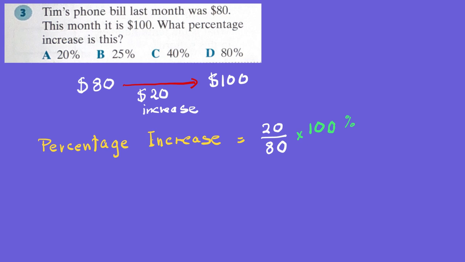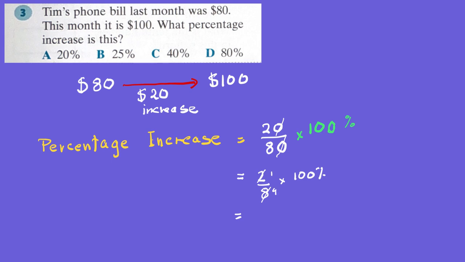And once again, this is a non-calculator problem. So let's start cancelling out the 0 here and the 0 there. That makes it 2 over 8 times 100%. But once again, we can cancel the 2, and the 8 becomes 1 over 4.